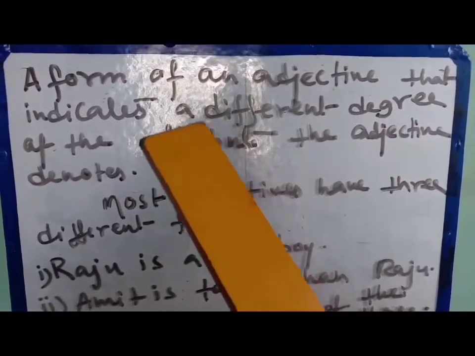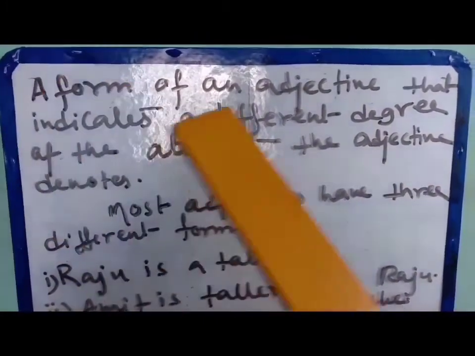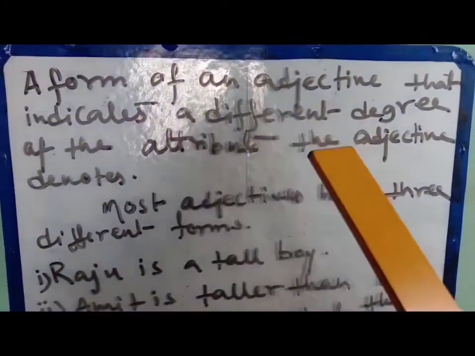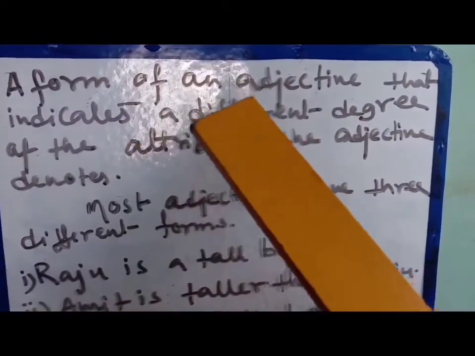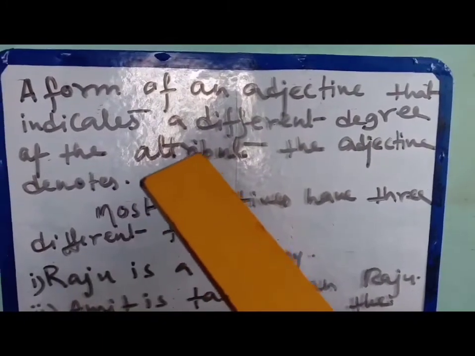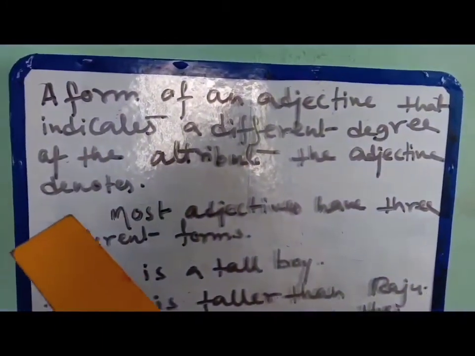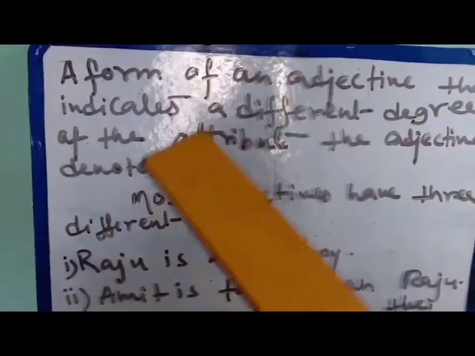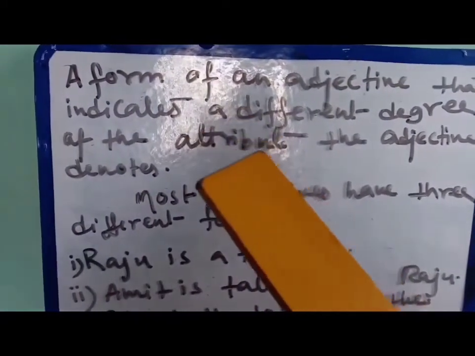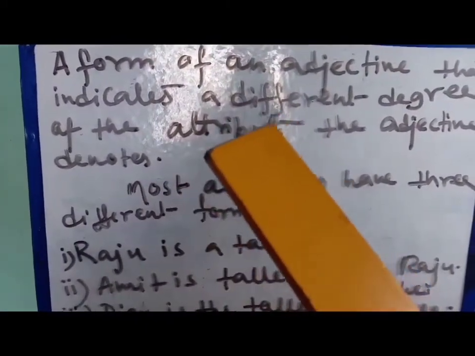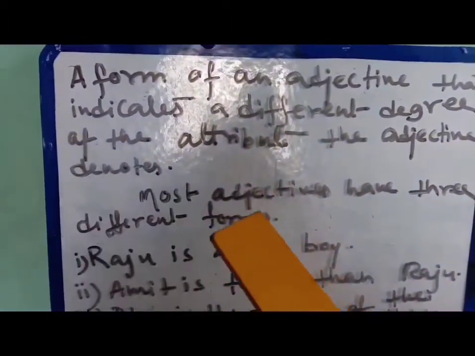Attribute means characteristics, which the adjective shows. So this is the definition of the degrees of comparison.